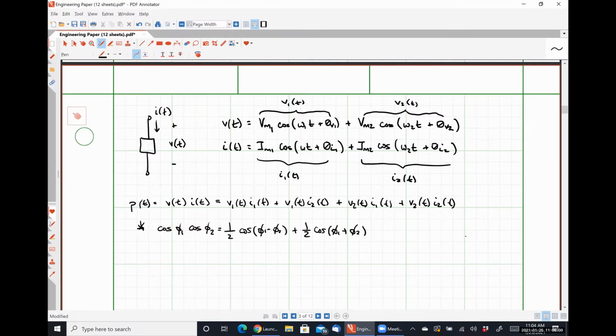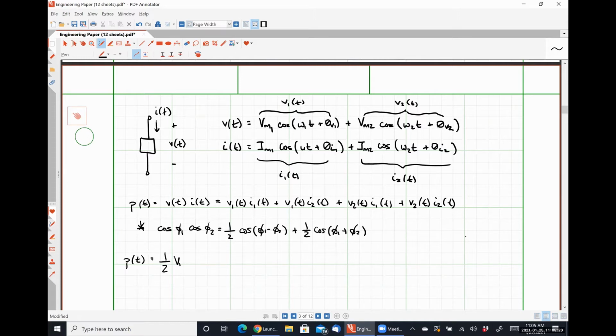So if we apply this identity, let's look at the V1 times I1 term, okay?